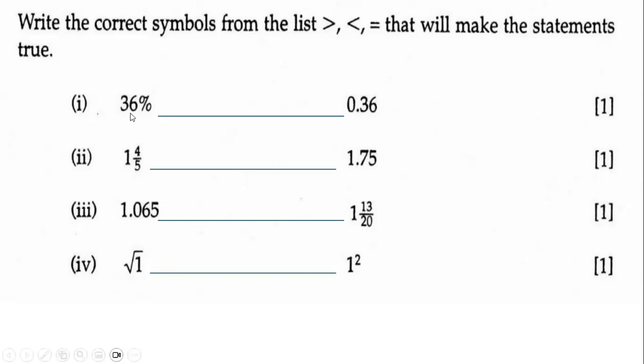Why did you put equal to for this one? Because when you change 36% to a decimal, it's equal to 0.36. Very good.